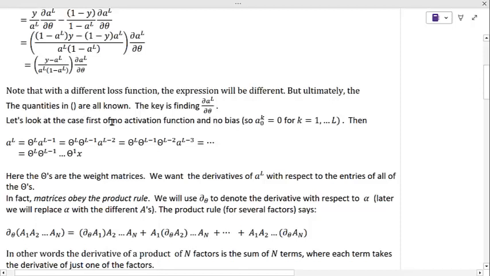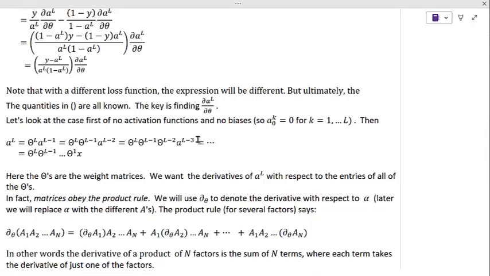So let's look at the first case first of no activation functions. Okay, so no activation functions and no biases. So this is a simpler case, and this is actually the case that's done in Dr. Kaziaskar's slides. Then we have our final output AL. So where did AL come from? Well, AL is theta L times AL minus 1.